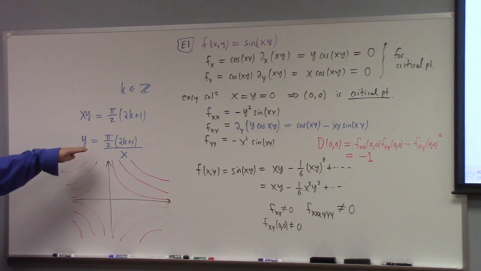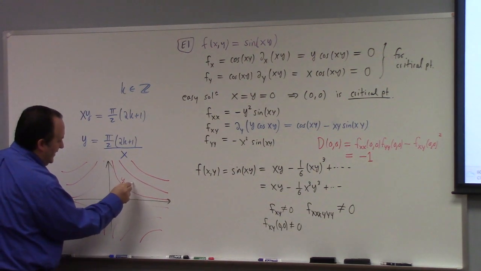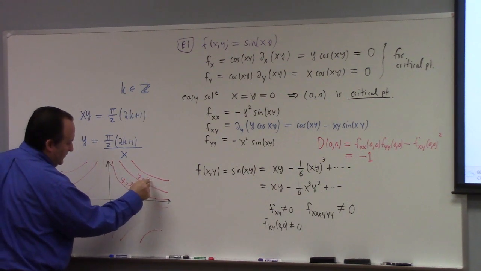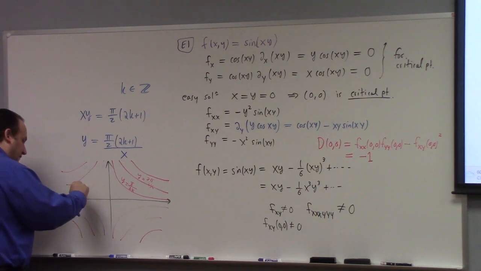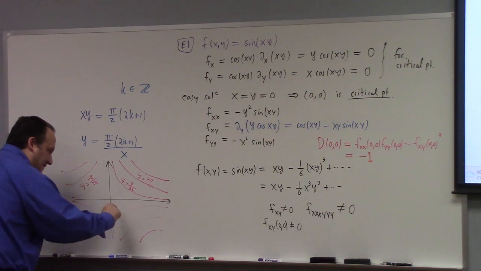Like the first one, the pi over 2 one would be like this one. Maybe y equals pi over 2x would be this one. This is y equals 3 pi over 2x. The lowest one here would be y equals minus pi over 2x. That's this one too.